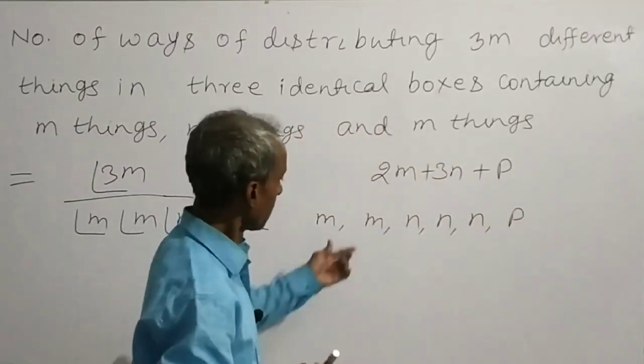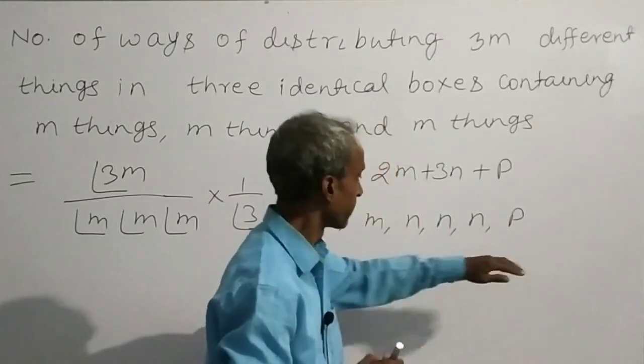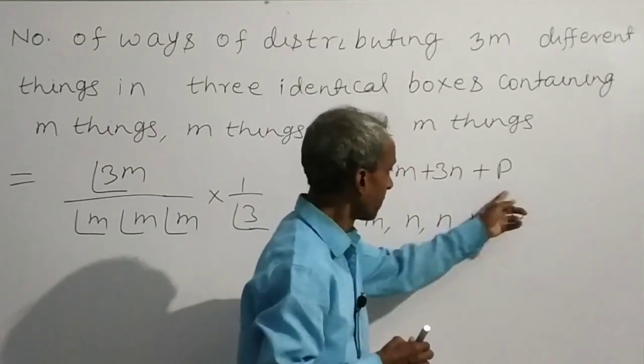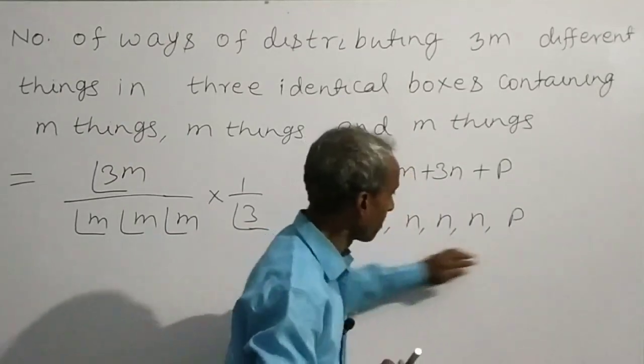That means 2, 3, 1, making 6 identical boxes. We are asked to distribute these different things in 6 identical boxes.